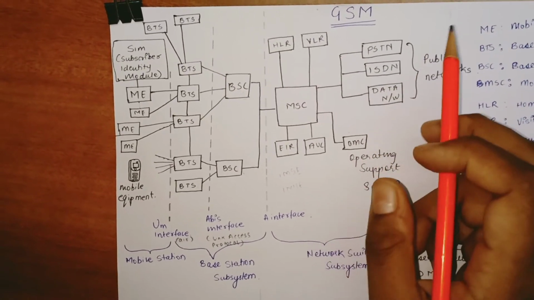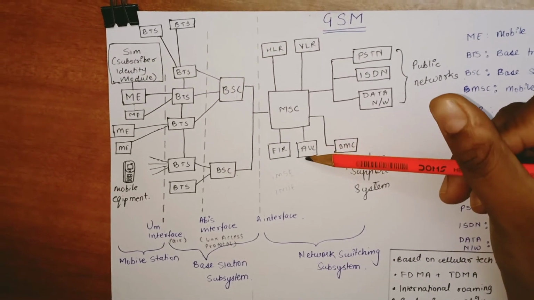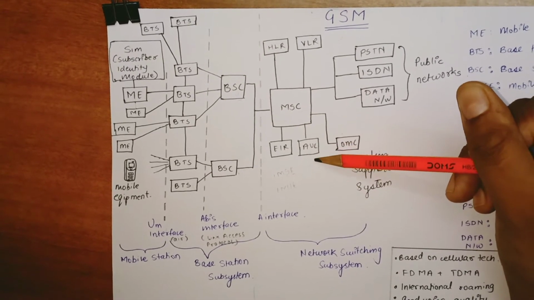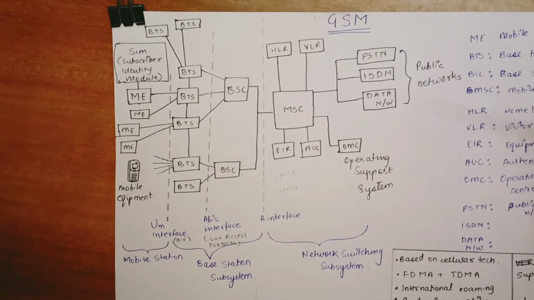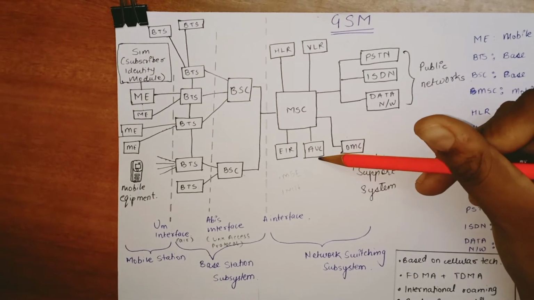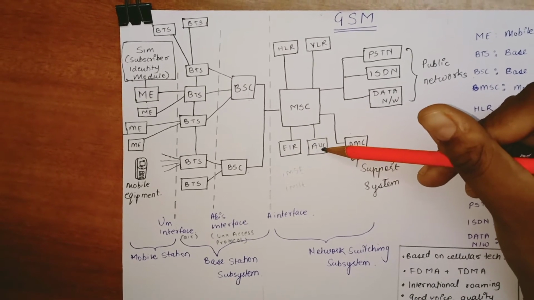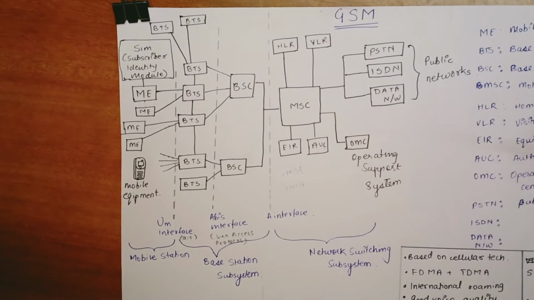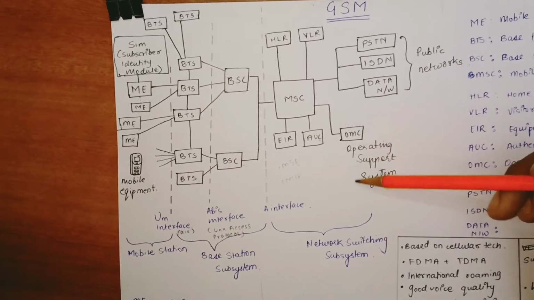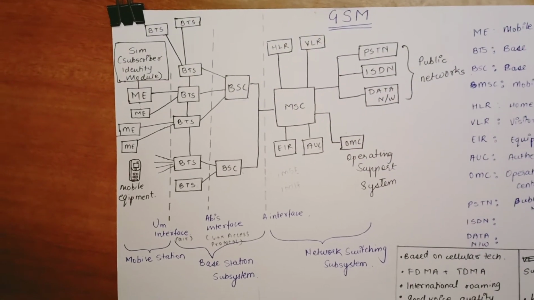In AUC, what we have is all the information you provided while getting your mobile connection, all the documents you provided to get your SIM card. It is connected to an operating support system. This system just supports the regular functioning, and so on.